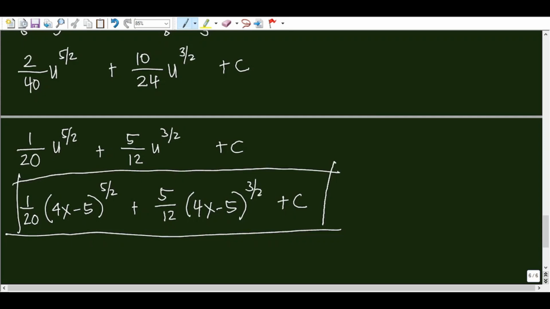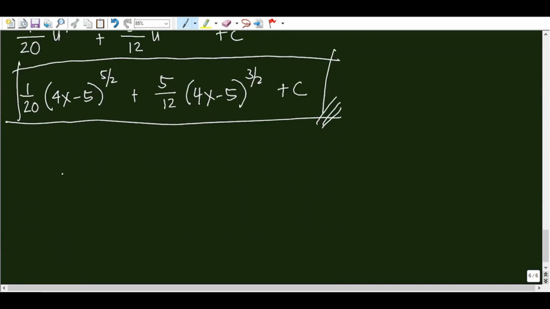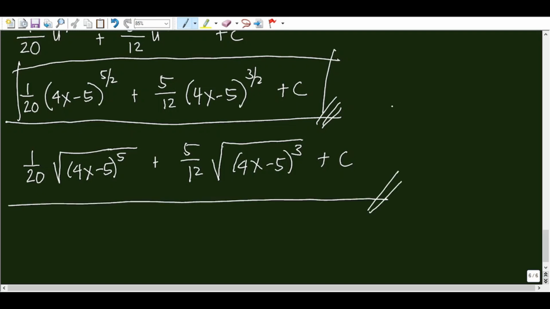But again, if you want to use radical sign, okay lang. Pwede rin naman, ang maging sagot ninyo dito is 1 over 20 multiplied by the square root of (4x minus 5) raised to 5 plus 5 over 12 times the square root of (4x minus 5) raised to 3 plus c. Either of these two, yung sagot ninyo pareho din lang siya.